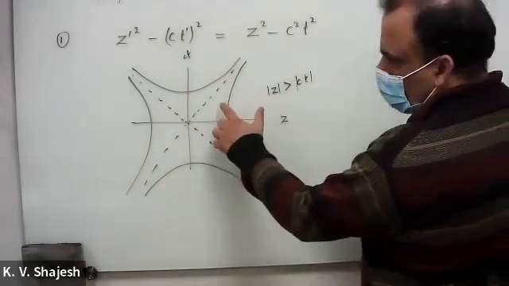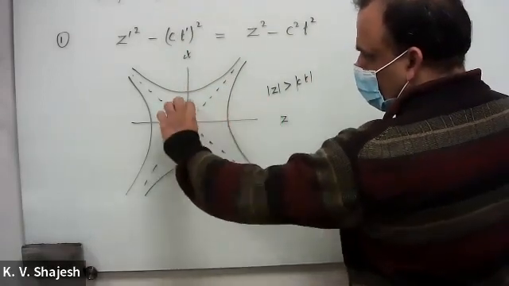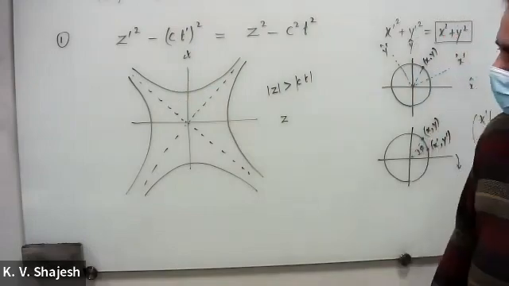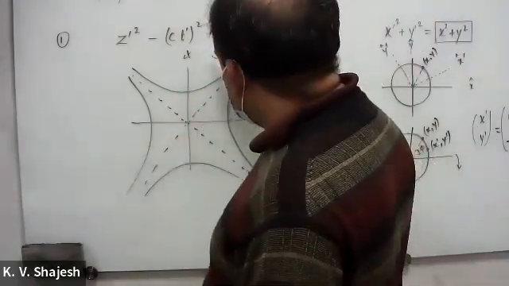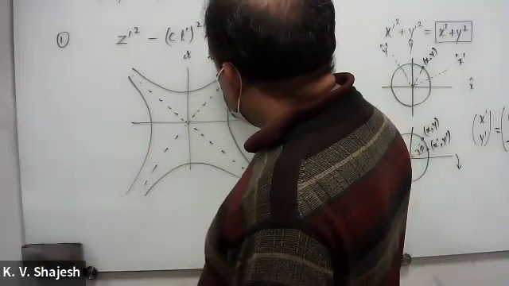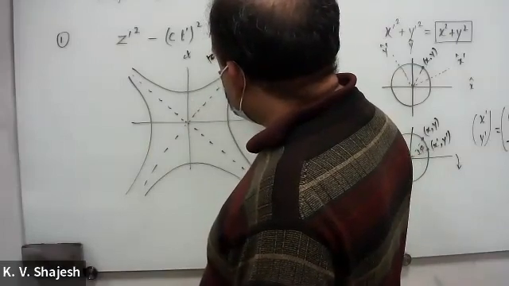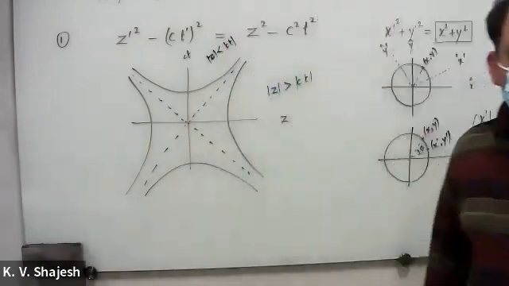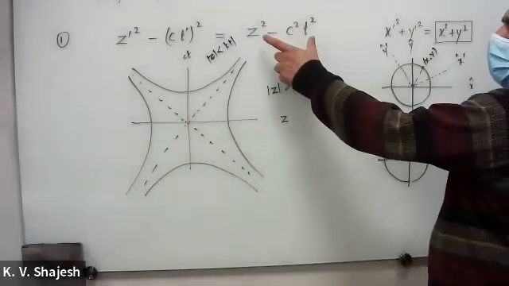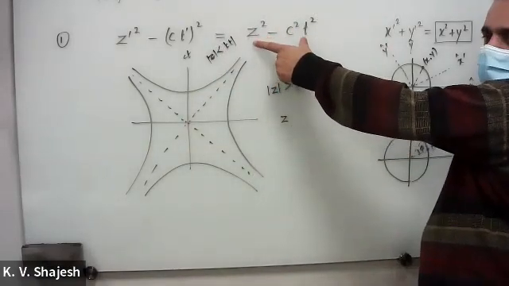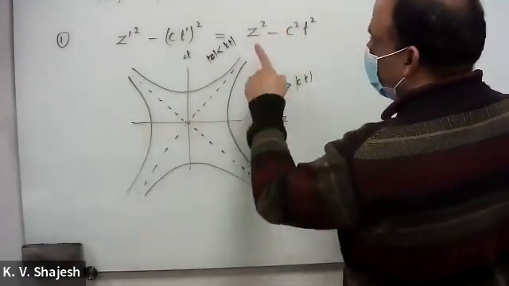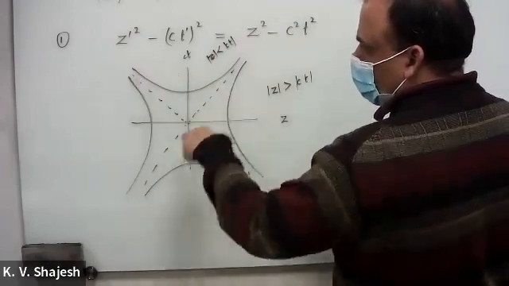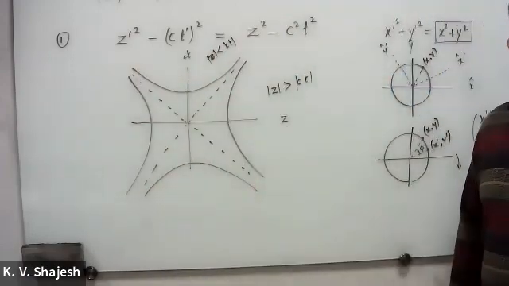This length here, if there is a coordinate here, will be greater than this. Same thing on this side also. But here, the magnitude of Z is less than the magnitude of CT. Clear? So if this quantity is positive, then you're on these two. And if this is negative, you're on these lines.